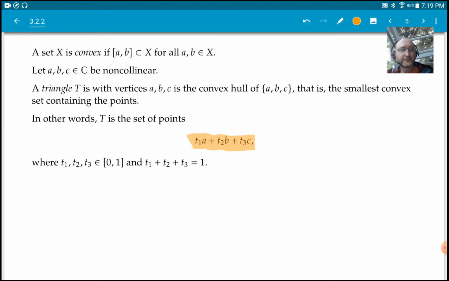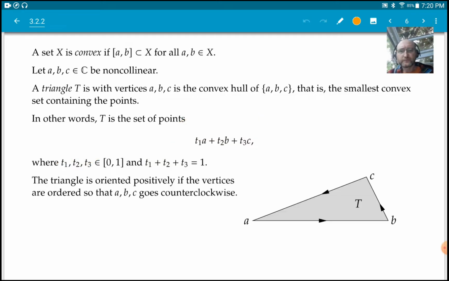If you write it as this combination of A, B, C, where the t1, t2, and t3 are just something in between 0 and 1, and they sum to 1, so all these points are going to be, well, that's going to be T, right? It's the set of those points, but it is the convex hull. It's the smallest convex set containing the points, and it is the triangle that you normally think of.